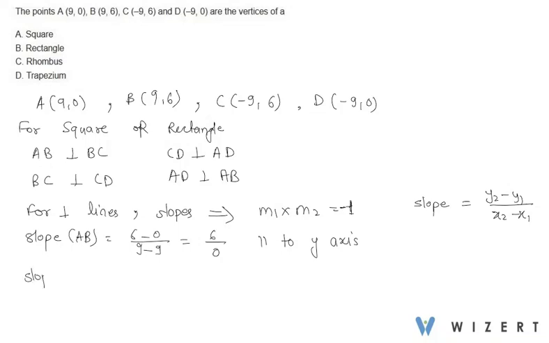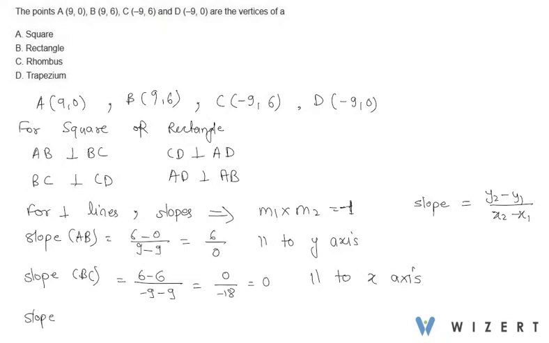Slope of BC is (6 minus 6) divided by (-9 minus 9), so that is 0 divided by -18, which is equal to 0. Again, this line is parallel to the x-axis since its slope is 0.